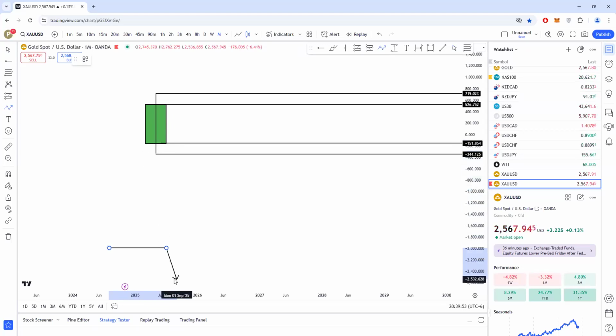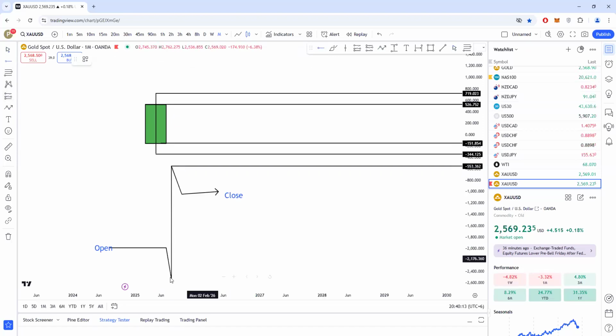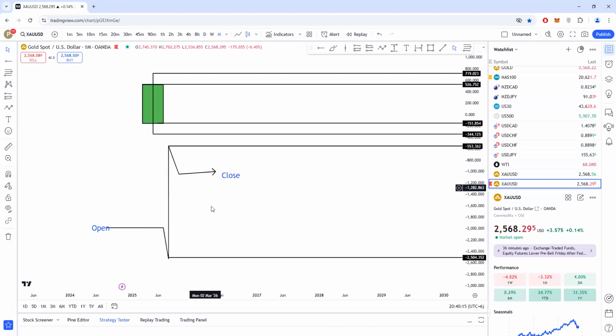It goes to the bottom, goes up, comes down, and then closes here. The basics remain the same. We call this particular area the open. We call this particular area the close. And this is our utmost high and this is our utmost low. Okay. Is this part also clear?